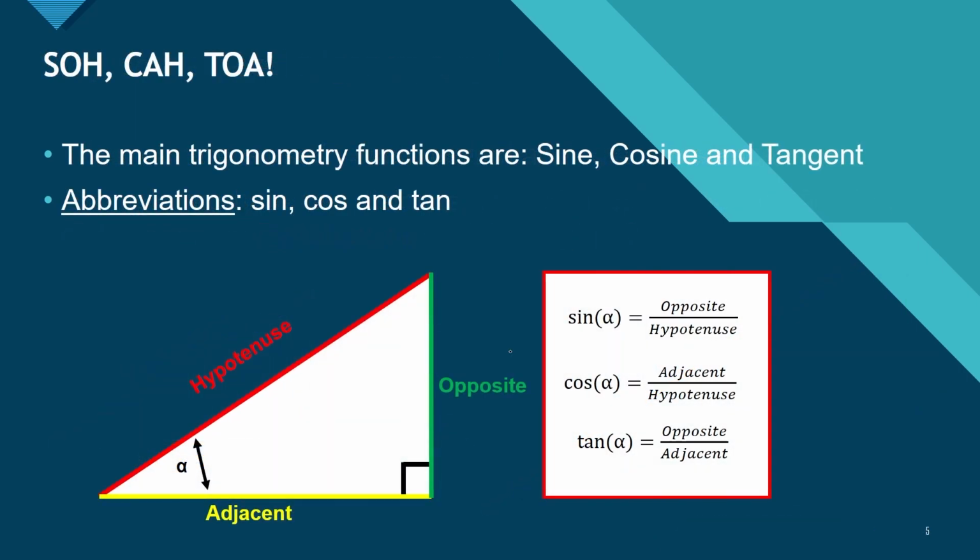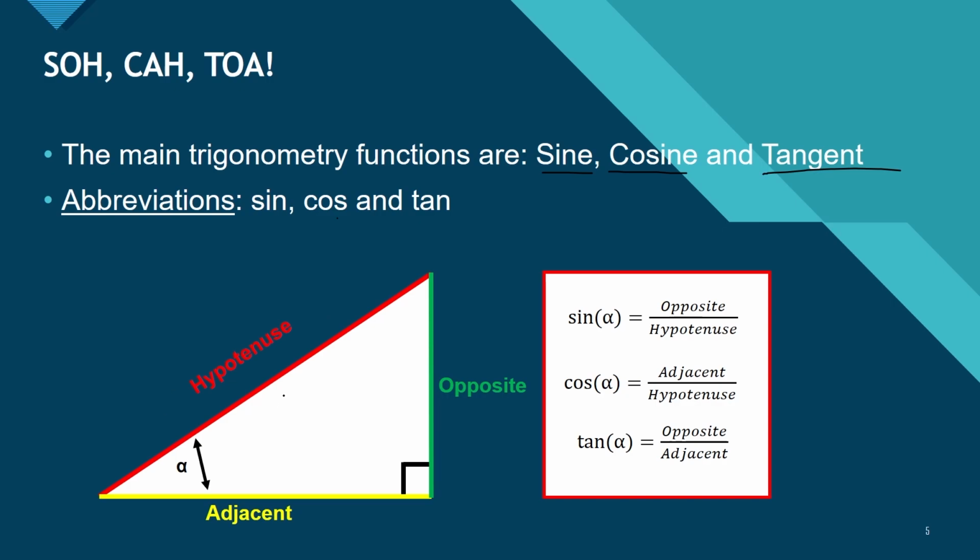The three main functions of trigonometry are the sine function, the cosine function, and the tangent function. You're mostly going to see their abbreviations: SIN, COS, and TAN. Now, what do they do? These functions and angles give us the ratios of sides of the right triangle.